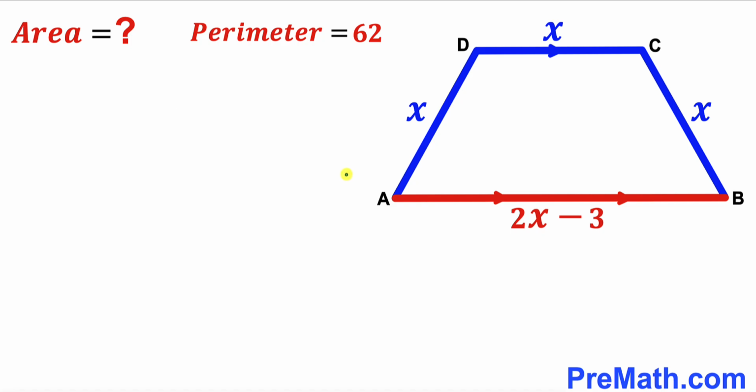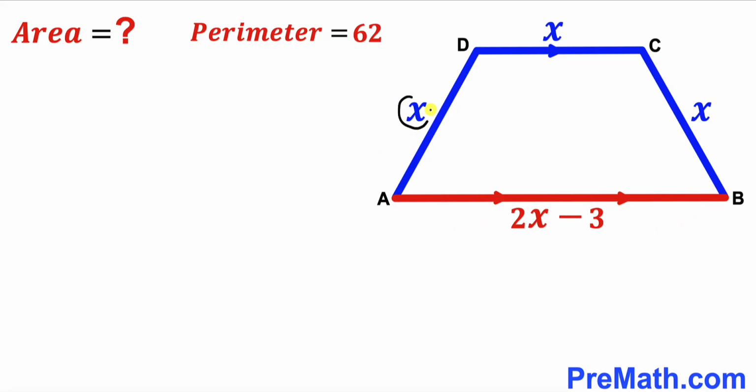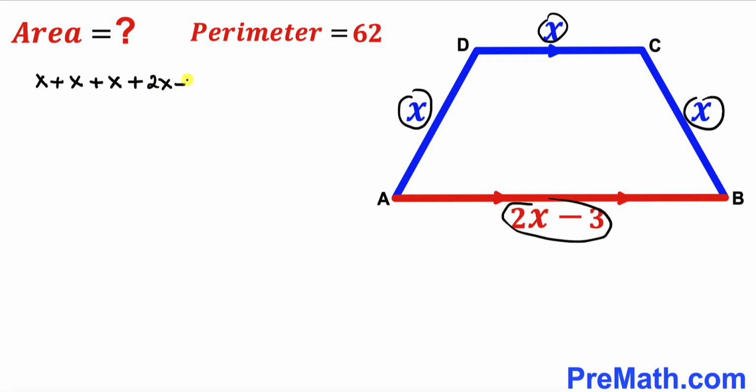And here's our very first step. Since we know the perimeter of this trapezoid is 62, and the perimeter is simply the sum of all four side lengths of the trapezoid ABCD, I'm going to write down all these sides: x plus x plus x, and then plus this side length 2x minus 3, is going to be equal to 62.